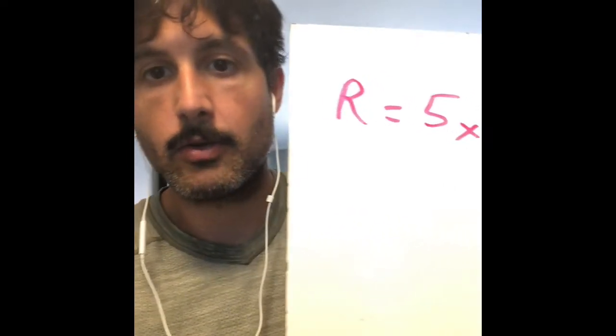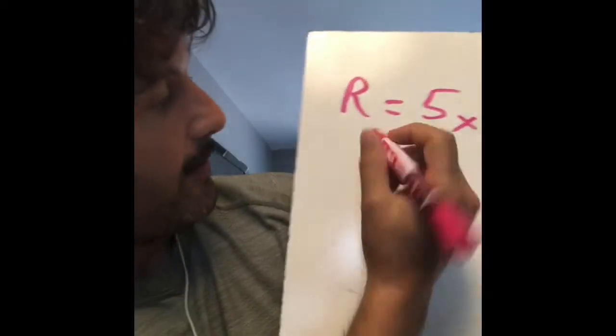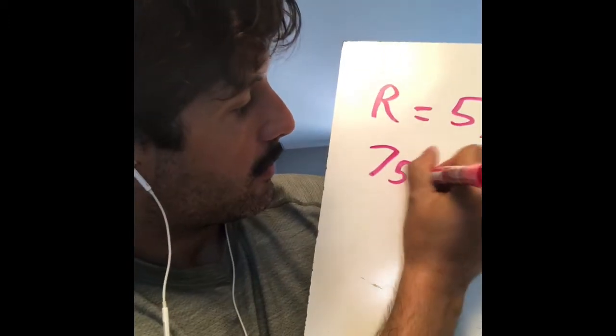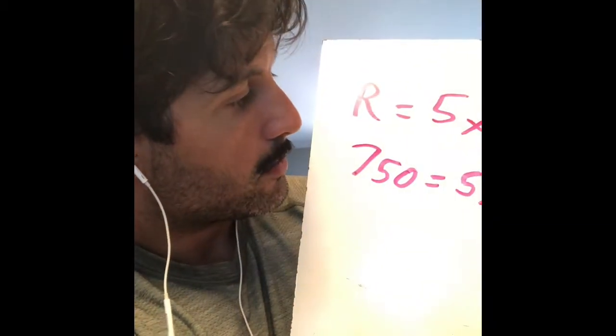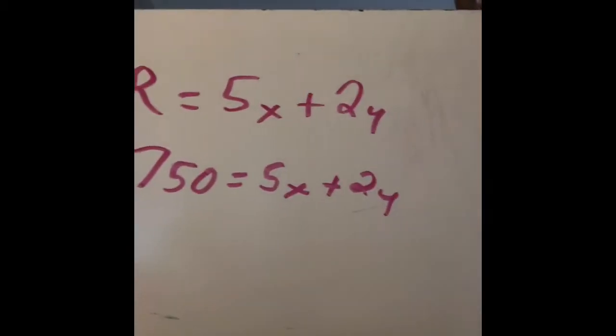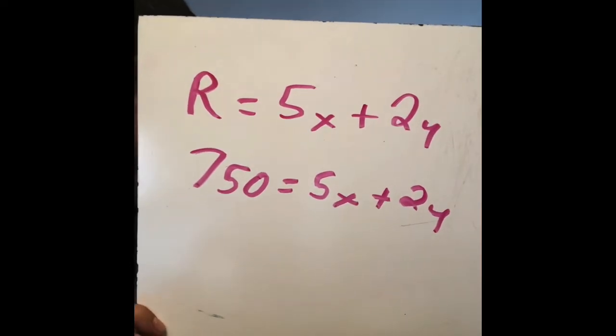This is in standard form just because of the way the question is worded, so in this case it's better in standard form. If the theater company wants to earn a total revenue of $750, incorporate this value into your equation. So if you want to make $750, that's going to equal 5X plus 2Y. So I've incorporated it in.